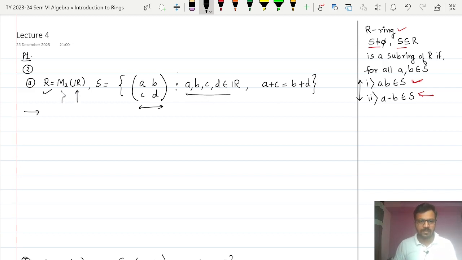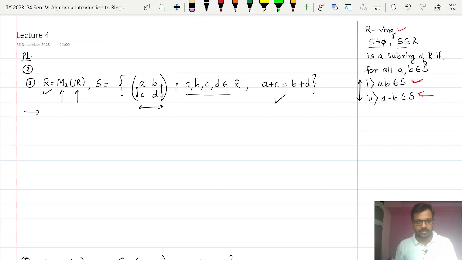As you can see, R is also a collection of 2 by 2 matrices with real entries, but there is one extra condition on elements of S, that the sum of a and c should be equal to the sum of b and d. If this happens, then and only then will a certain 2 by 2 matrix be in S.